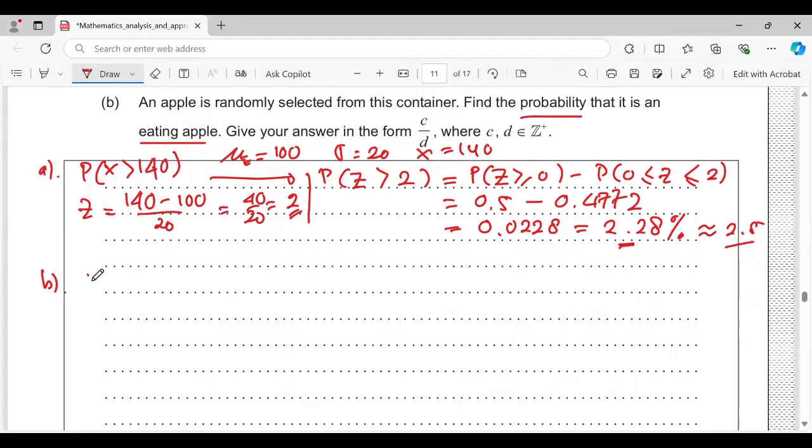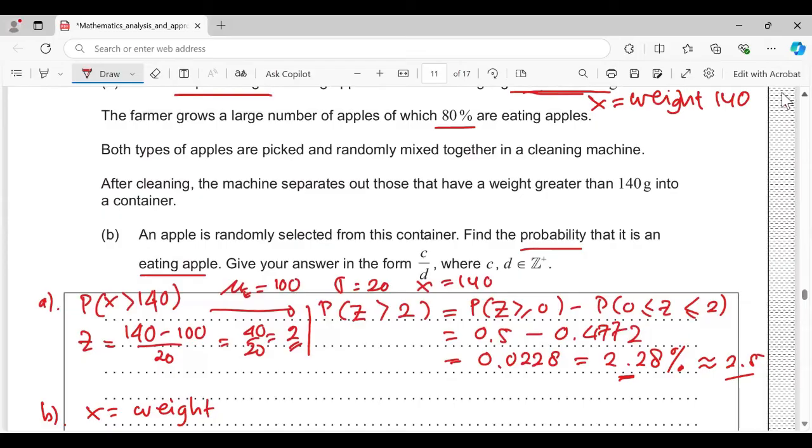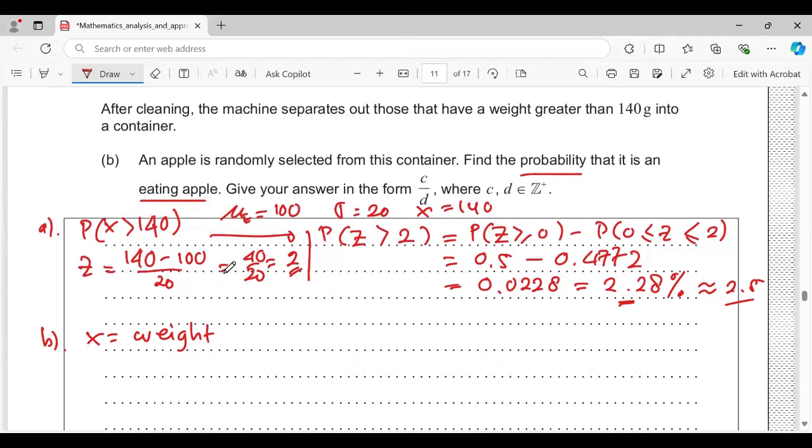So if X is the weight of cooking apples, I'm going to check first.